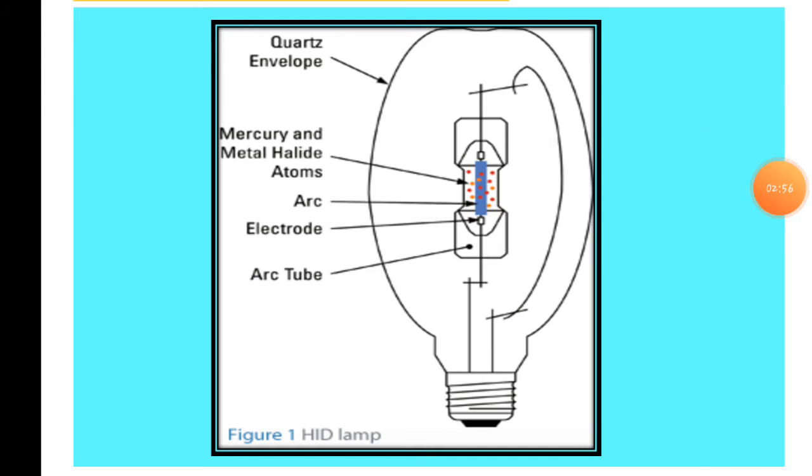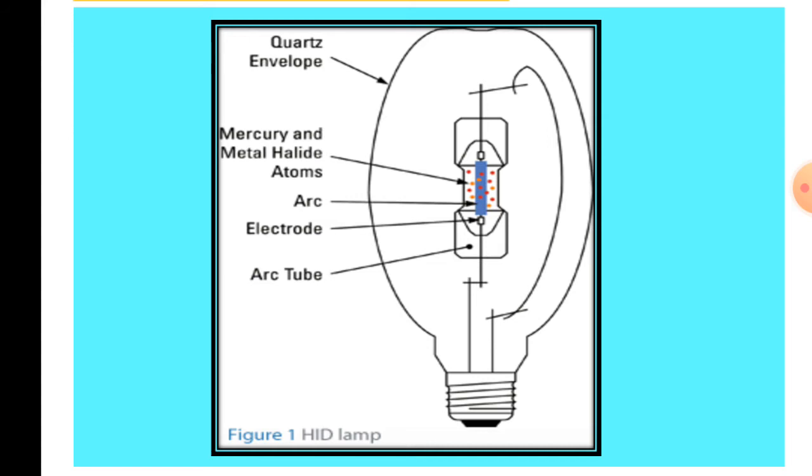So basically it has a short arc tube consisting of the electrodes, and along with the mercury it has metals like iodide, bromide, thallium, indium, etc. So when the high voltage is applied to that electrode, due to ionization of the mercury as well as the gases, it produces the arc in that tube.